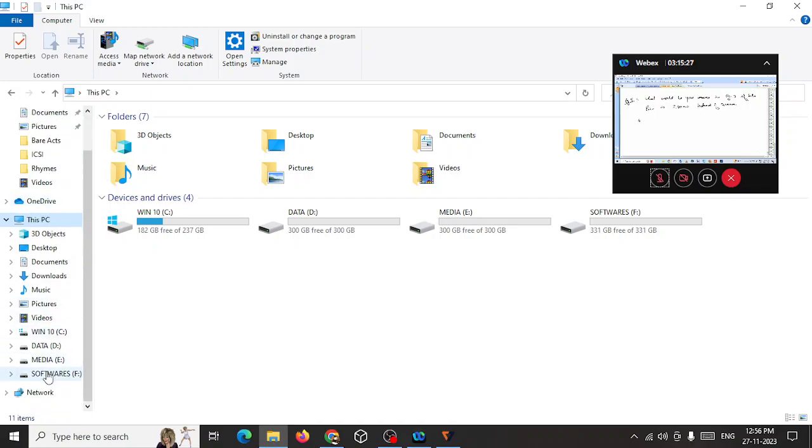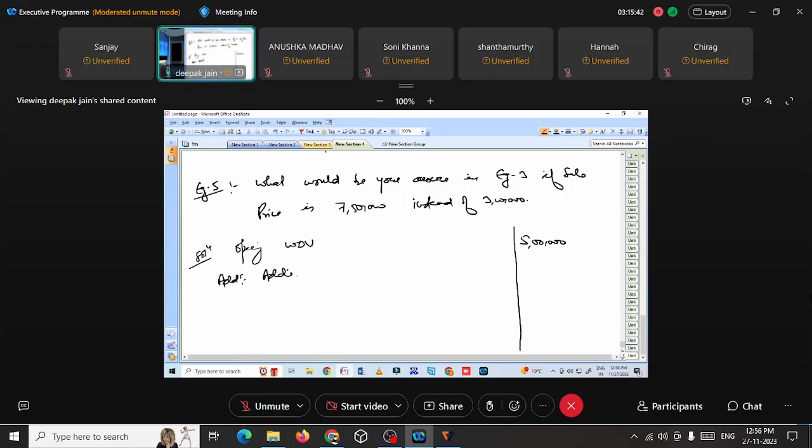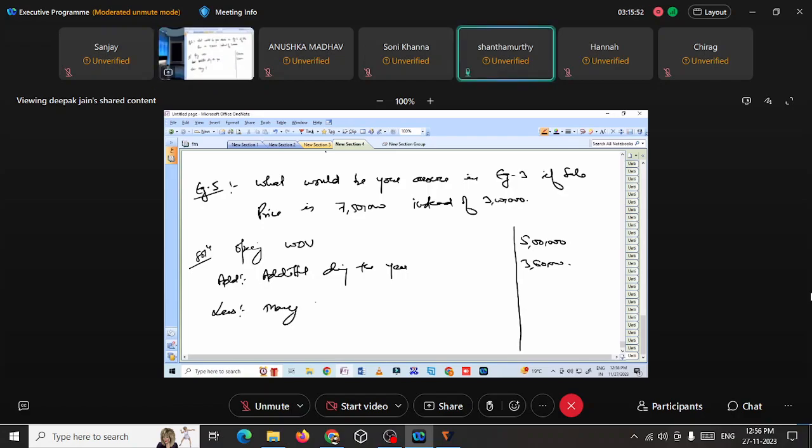What is my opening WDV? Make it fast, beta. 5 lakh, opening WDV is 5 lakh rupees. What is my addition during the year? 360. Good. What is my money received? 750.